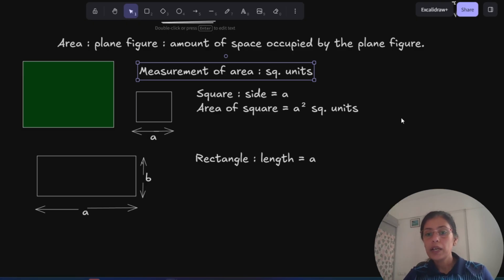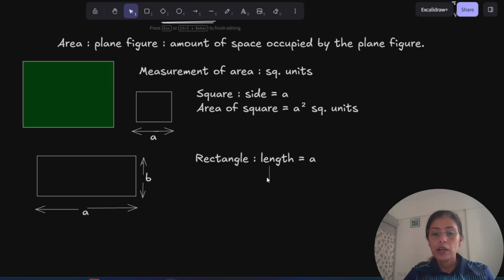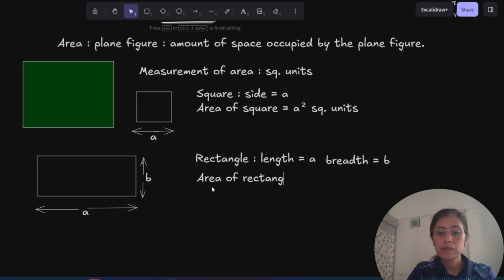So this unit here can be centimeter, it can be meter, it can be kilometer, it can be any unit of length. Okay, so for rectangle area, length is A and we'll say breadth is B. So what will be the area? Area of rectangle will be A into B, right?